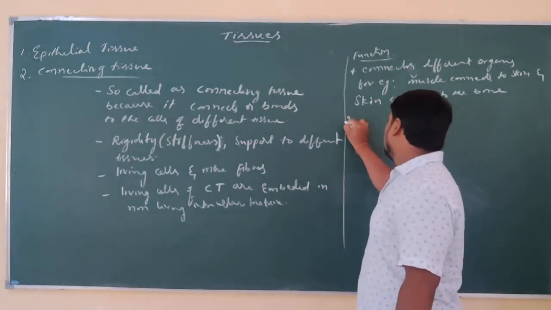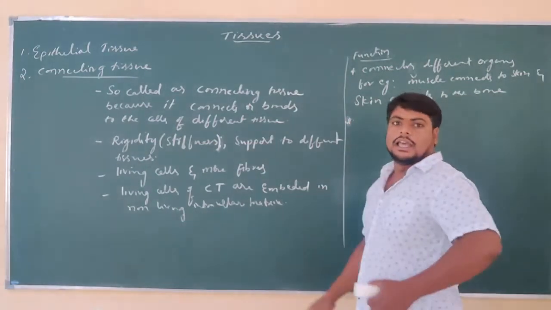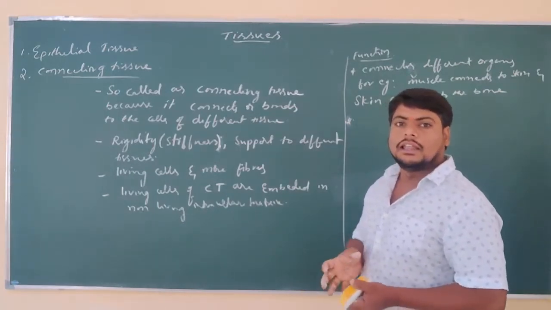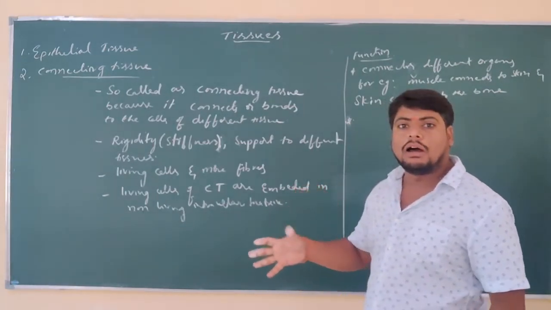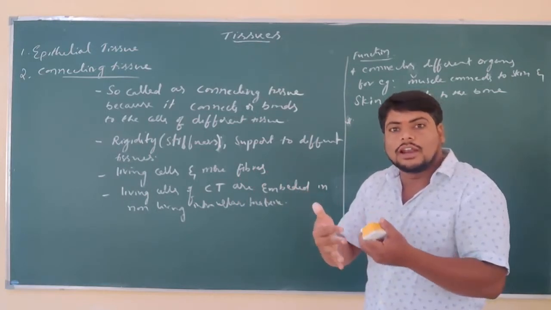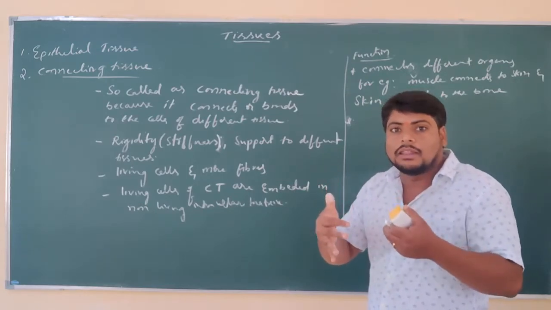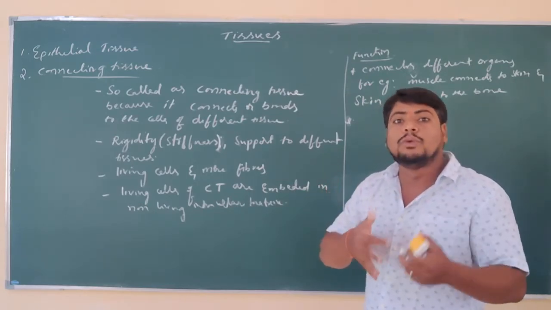Another important function of a connecting tissue is, as we have seen, that all together they form a framework, which in general we can call the skeletal system. This skeletal system is formed by cartilage as well as bones.